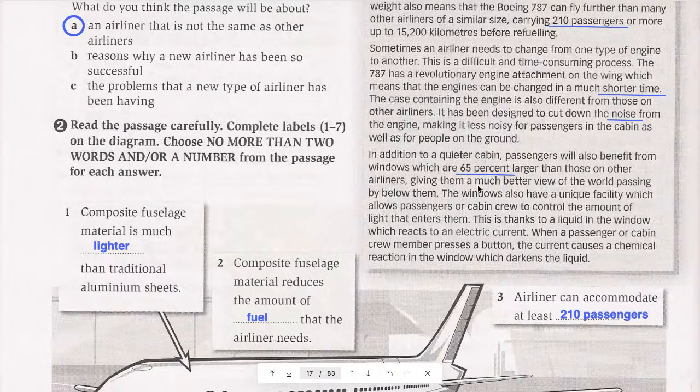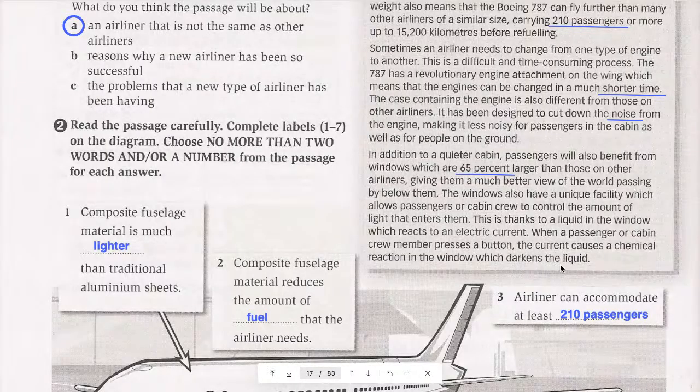Here, giving them a much better view of the world passing below. Okay, the windows also have a unique facility which allows passengers or cabin crew to control the amount of light that enters them. This is thanks to a liquid in the window which reacts to an electric current. When a passenger or cabin crew member presses the button, the current causes a chemical reaction in the window which darkens the liquid.